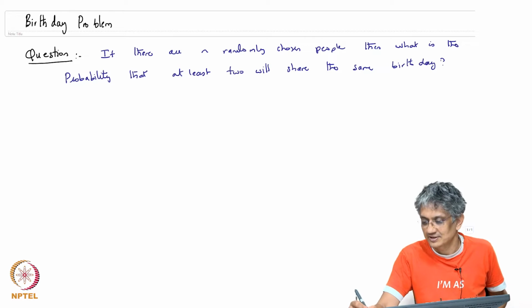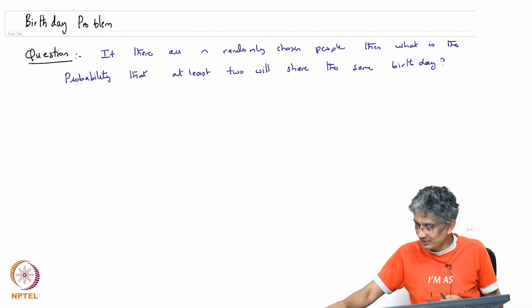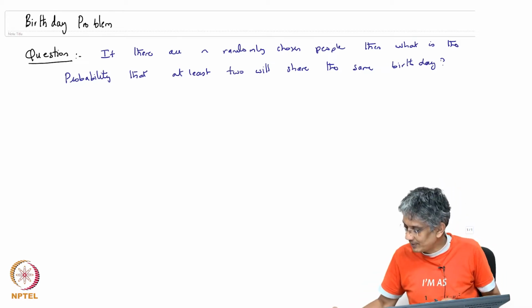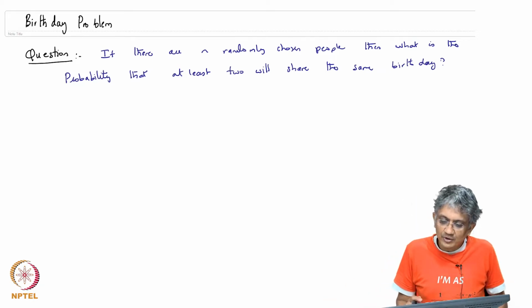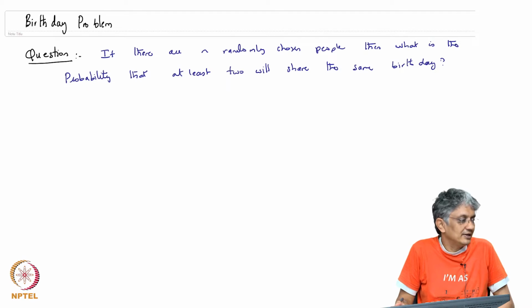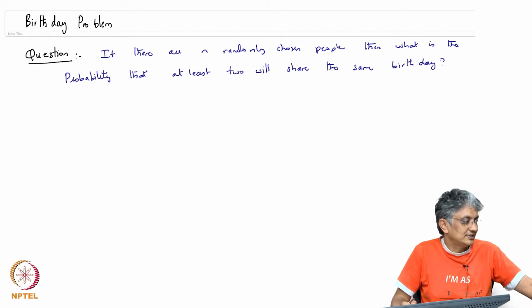That's the question you have to answer. You have n people picked from the population, and you want to understand the chance that at least two share the same birthday. How do you find the probability of this? Let's try and see how to do this.